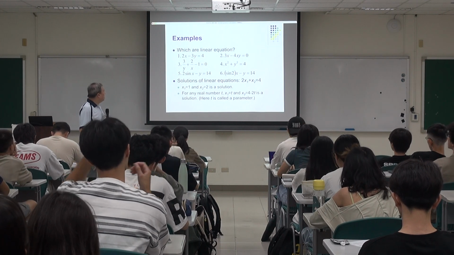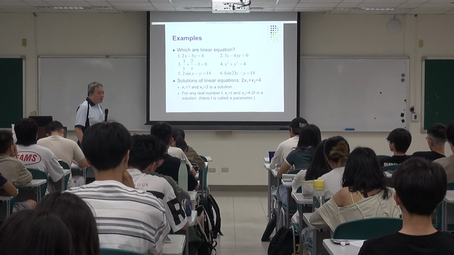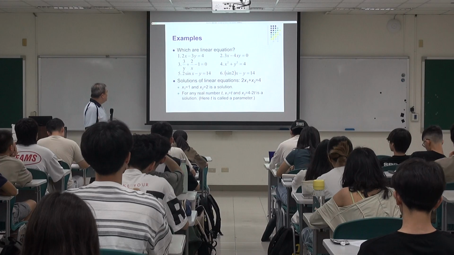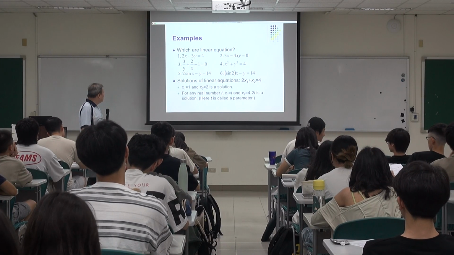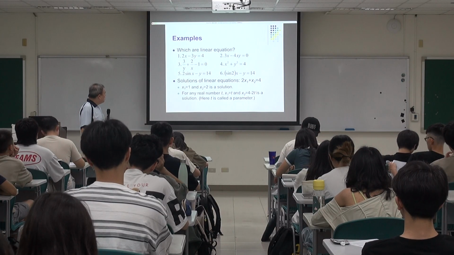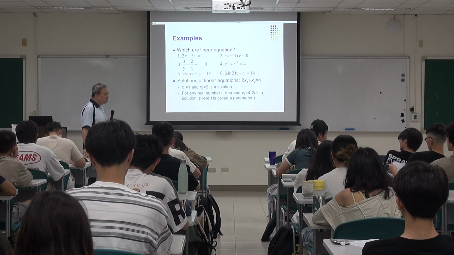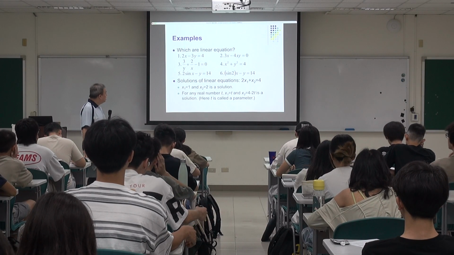The second one, unfortunately, is not, because we have an xy term. The third one is not either, because y and x appear in the denominator. The fourth one, x squared plus y squared, has square terms, which are not considered linear.